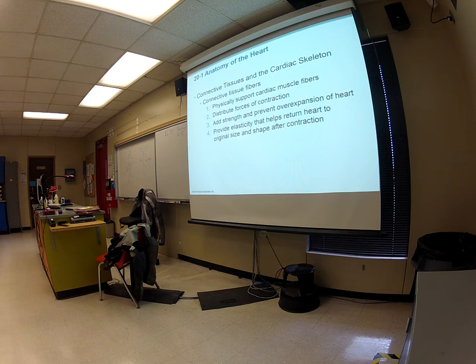You guys remember that? Pericardium, the visceral and parietal layers of the pericardium. You should remember that because that was at the beginning of this set of slides. What they're saying is they add strength to the heart. It helps prevent overexpansion. Provides elasticity that helps return the heart to its original size and shape after contraction.